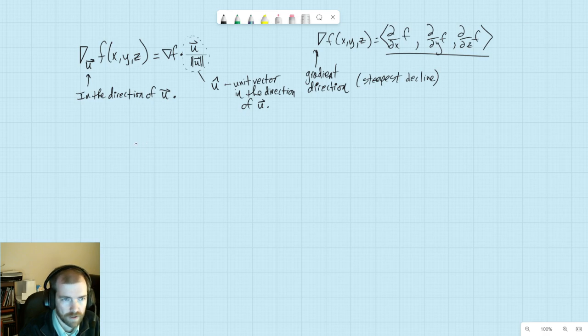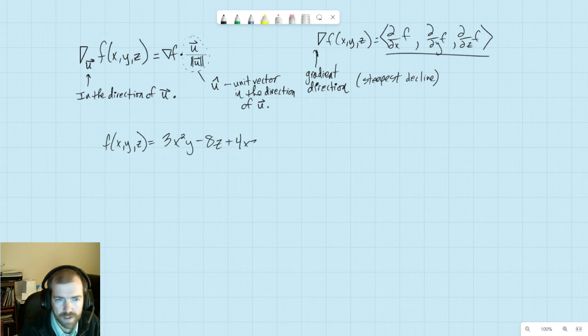So let's say you've got f of xyz is going to be equal to 3x squared y minus 8z plus 4xz, minus, let's do plus again, 5yz squared, just cuz.